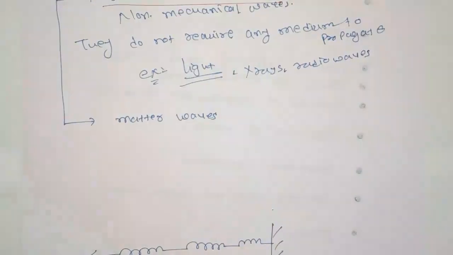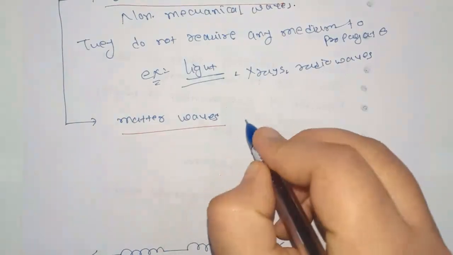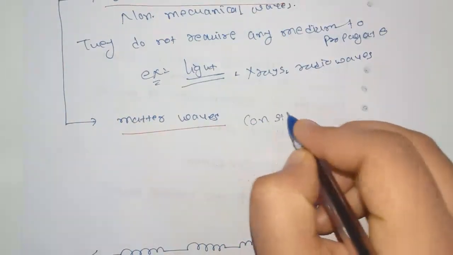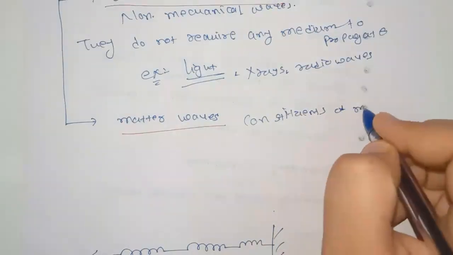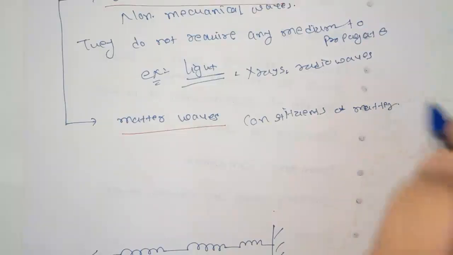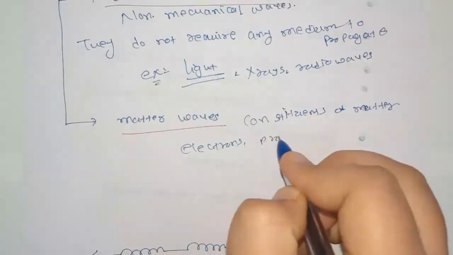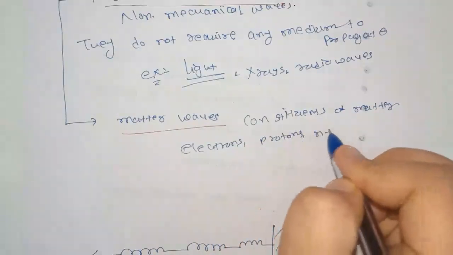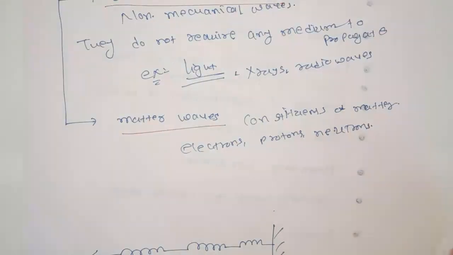The third type is matter waves. The matter waves are associated with constituents of matter such as electrons, protons, neutrons, atoms, and molecules.